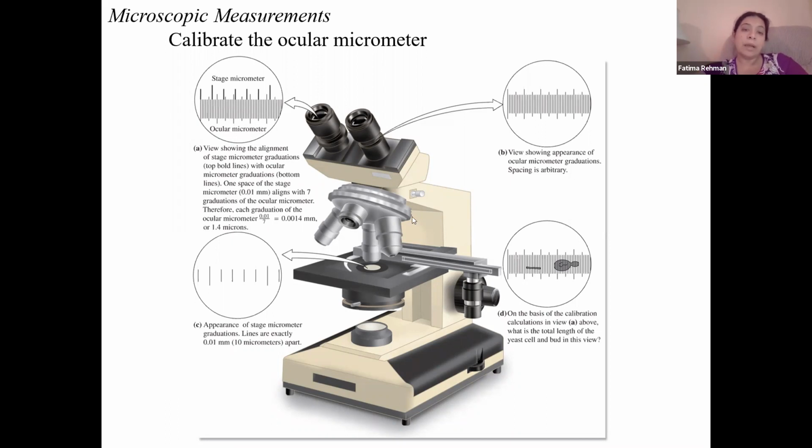Now, if you have a 10x objective lens as your oculars, then the maximum magnification that you can do with this microscope would be what? So remember, the highest objective lens here is 100.